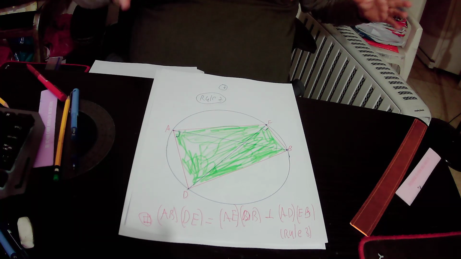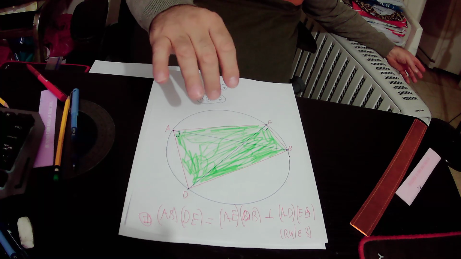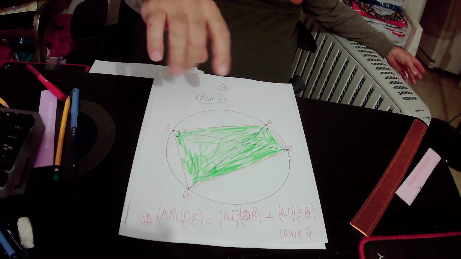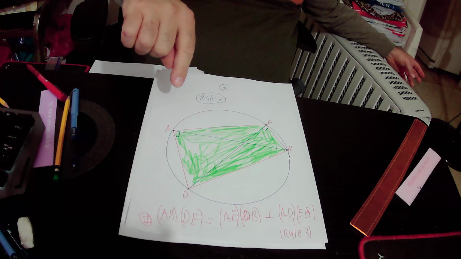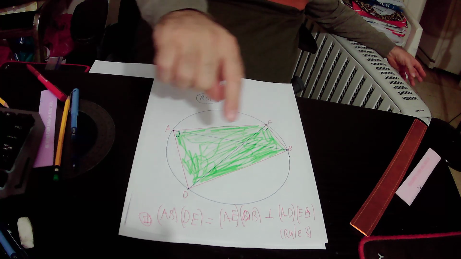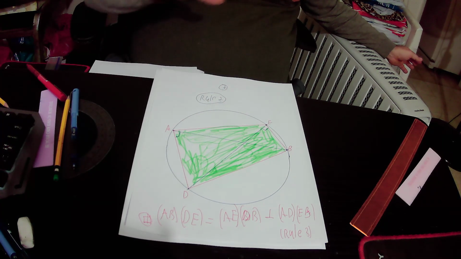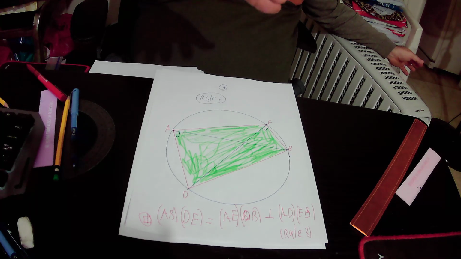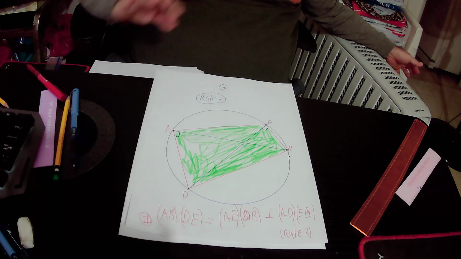So in our drawing we have quadrilateral AEBD in the green color that is inscribed by this blue circle, and we also have 4 points, point A, point E, point B, and point D, that lie on this blue circle. Okay, so by implementing rule number 2, we arrive at this drawing.